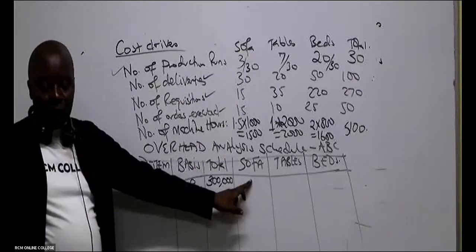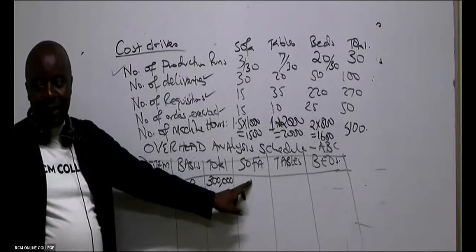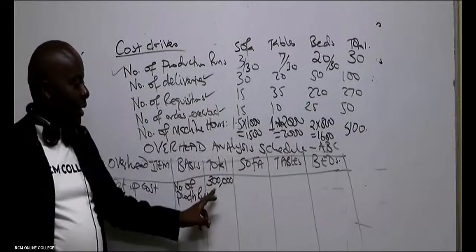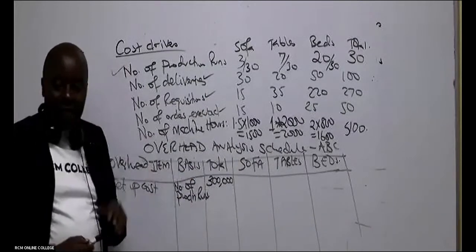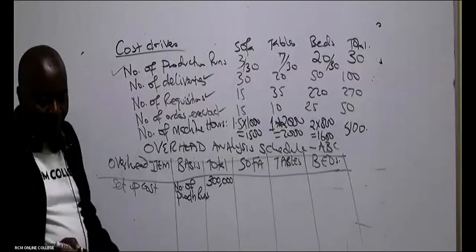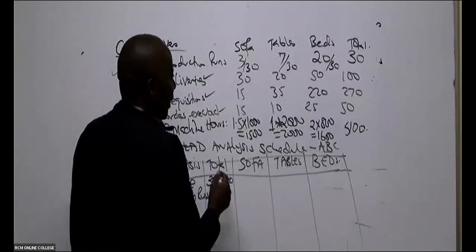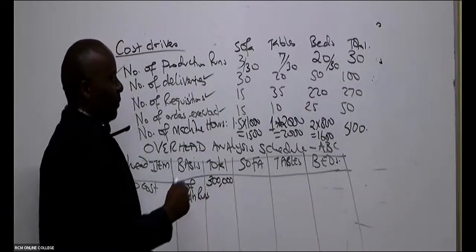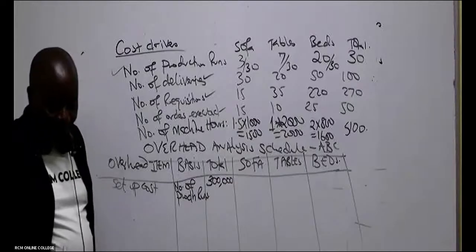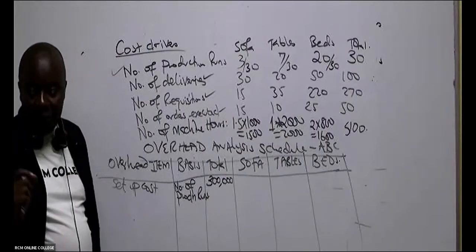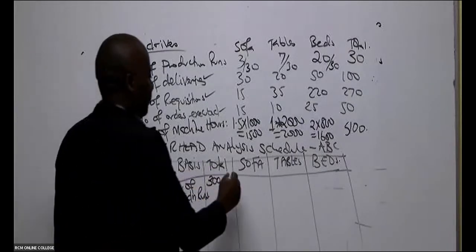How much do we have for the sofa? 3 over 30 times 300,000, because we are apportioning this figure. It's 30,000.